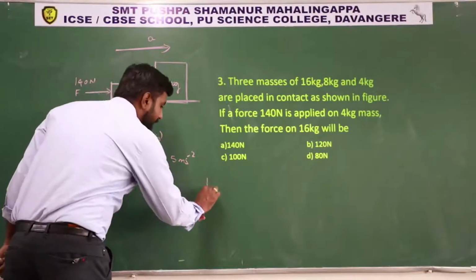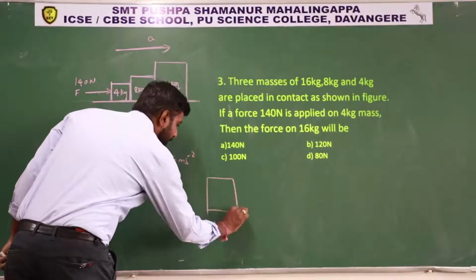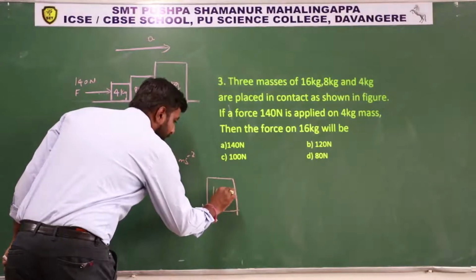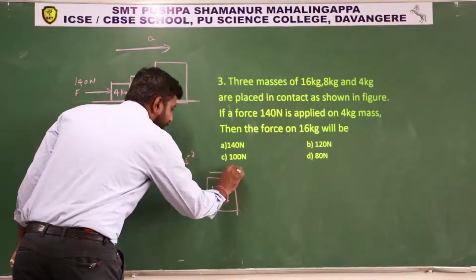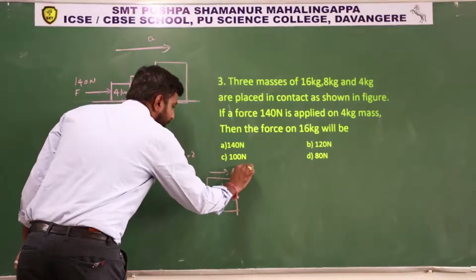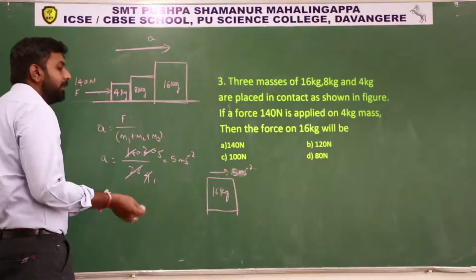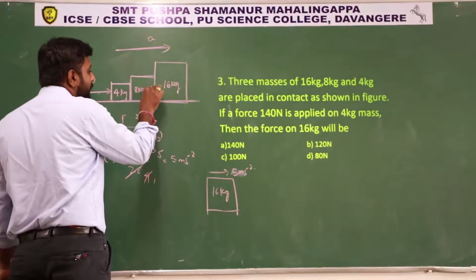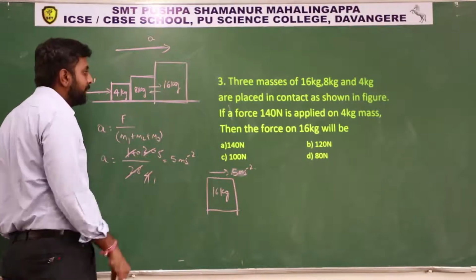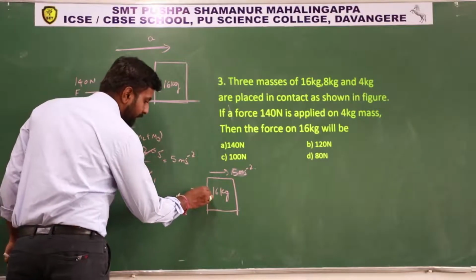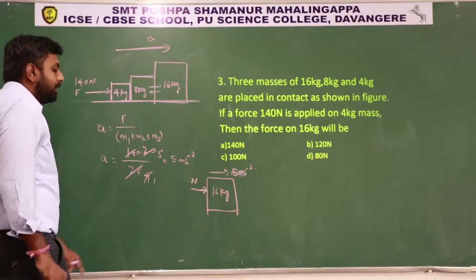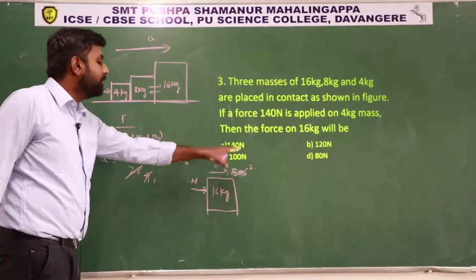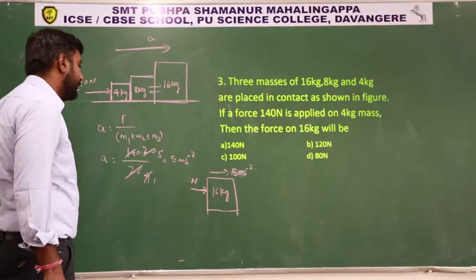So if I consider the 16 kg block, it is moving with an acceleration of 5 meter per second square. Then which force is applying it? It is the contact force between the 8 kg and the 16 kg. Let us take this contact force as N. This force is producing the acceleration of 5 meter per second square.